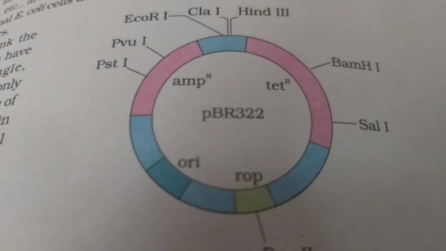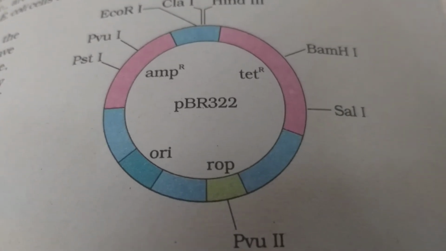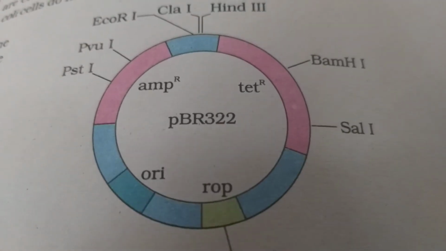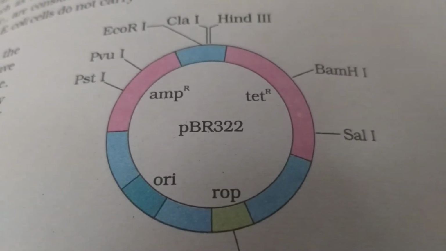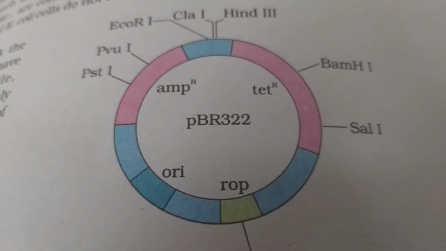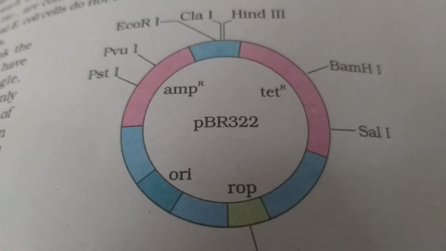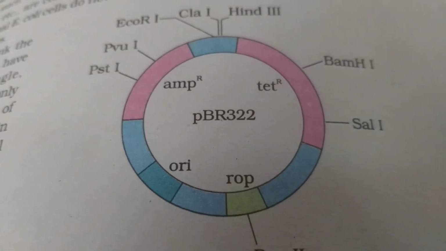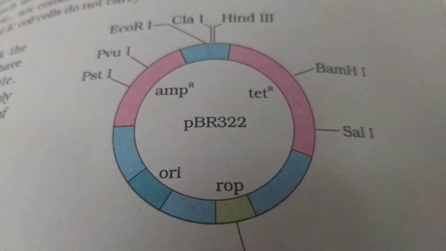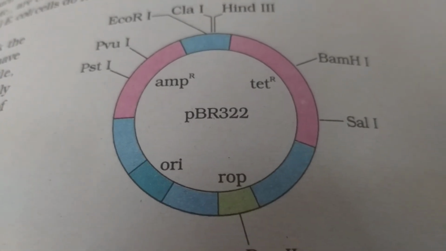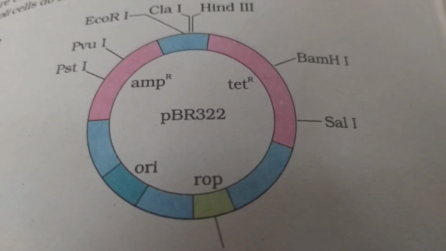So if you link a foreign DNA at BamHI or SalI, this cloning vector will lose resistance to tetracycline, because in the place of the tetracycline resistance gene you have placed the foreign DNA. So resistance to tetracycline is lost, but it maintains resistance to ampicillin.